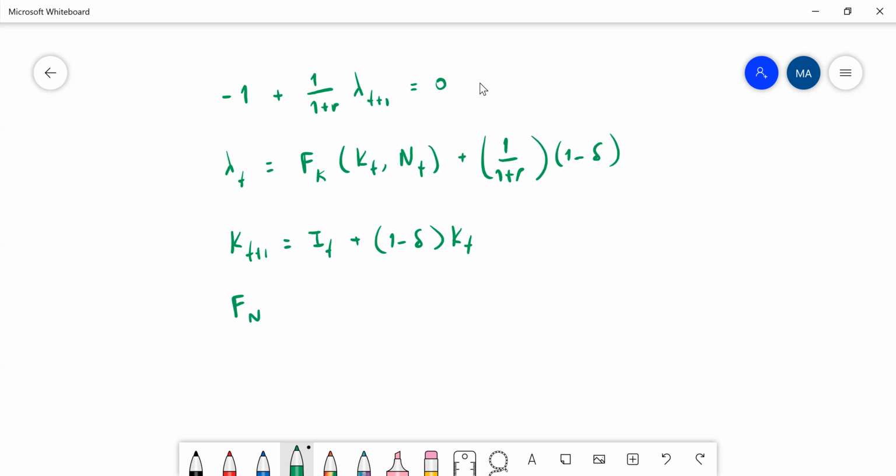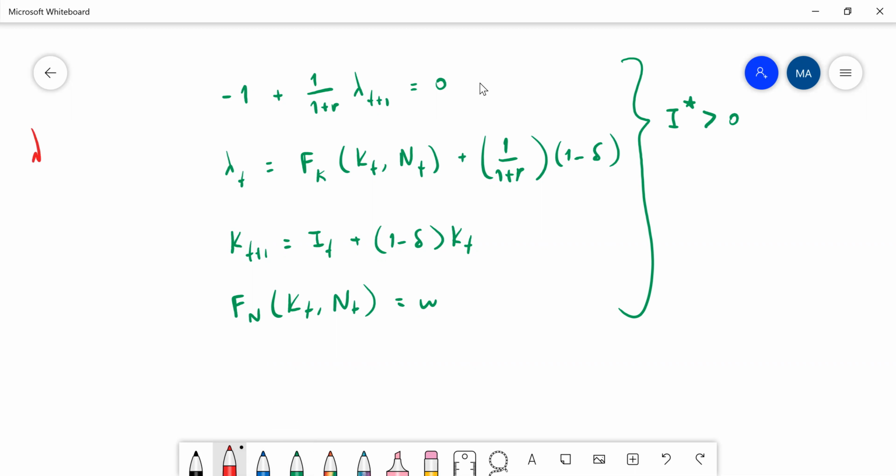And you have F_N(K_t, N_t) equals W. Okay. So you can write some steady state conditions. Eventually, you're going to realize in a steady state with positive investment, you will have something like this. So lambda star will be equal to 1 plus r, so it will be a constant.